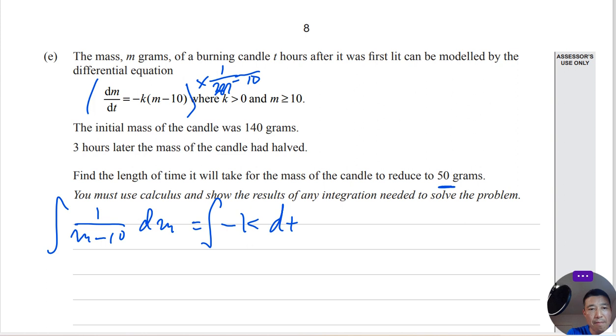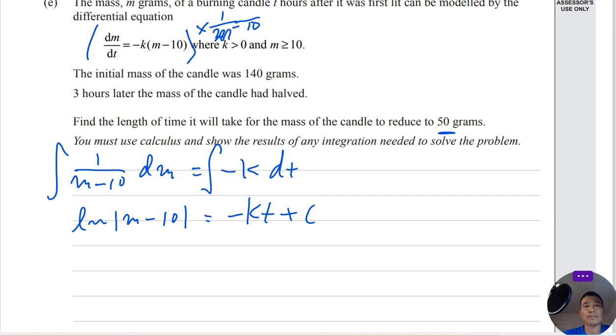So 1 over m minus 10 integrates to natural log m minus 10, right? Equals negative kt plus c. That's how you solve the differential equation. Now, this is a log, isn't it? So it means m minus 10, knowing that m is greater than 10, equals e to the power of negative kt plus c.